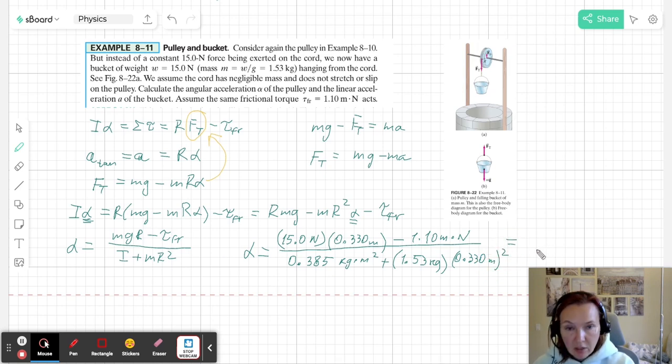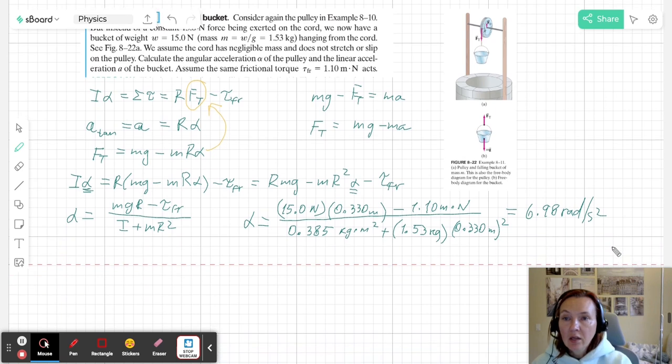If we do our calculations correctly, we're going to get 6.98 radians per second squared, and that is the angular acceleration.